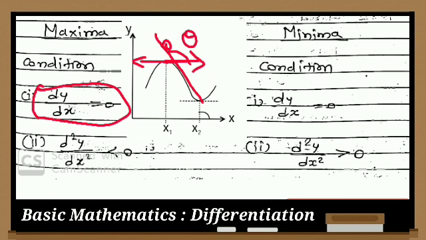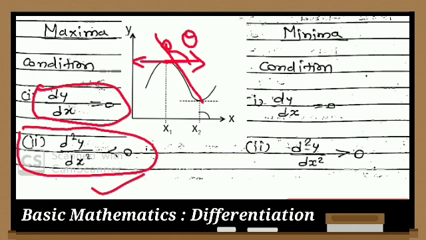In the second quadrant tan theta is negative. As we see in the second condition, d square y upon dx square is less than 0. So as we move towards the right, the value of tan theta is negative, so it is less than 0. So the second condition is satisfied.